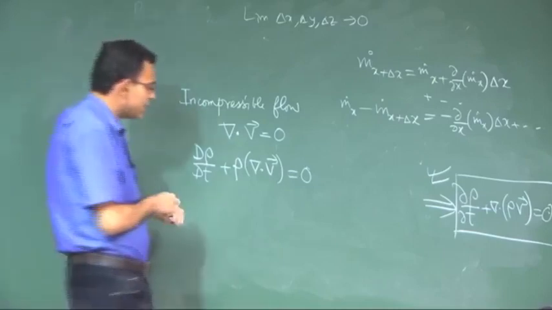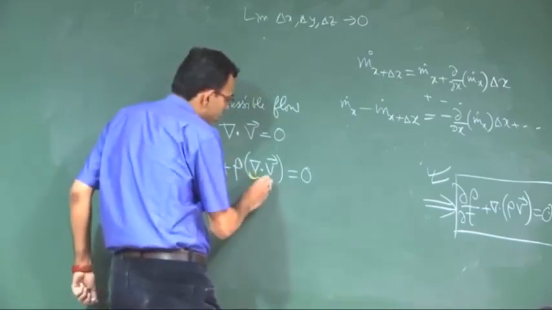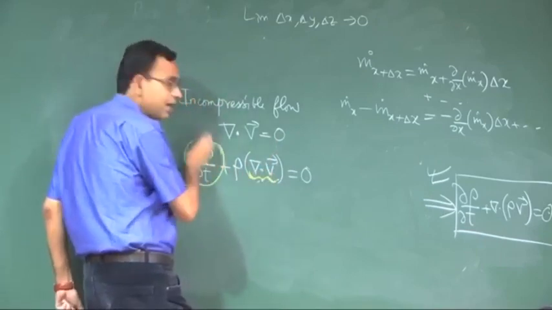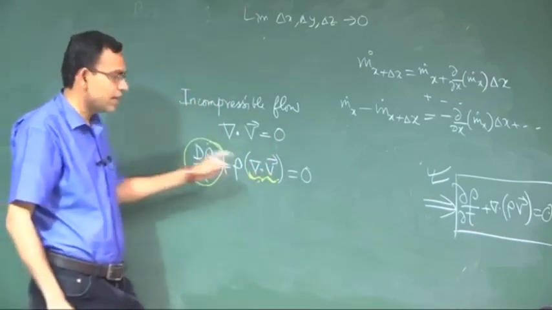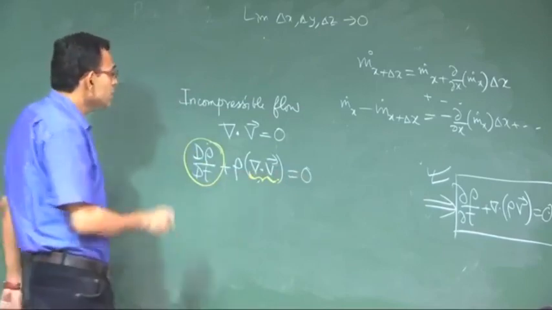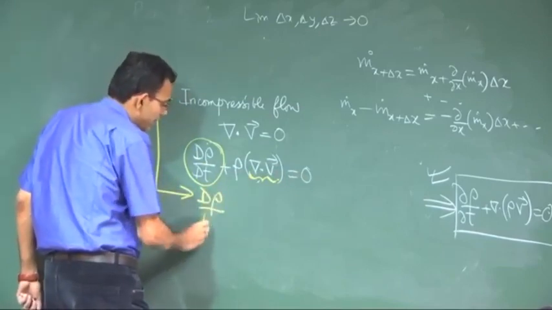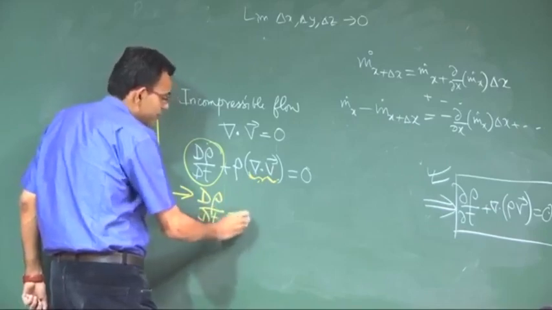So, if divergence of the velocity vector is 0, then this will be automatically 0 because sum total of this is 0. So, incompressible flow also means total derivative of density equal to 0.